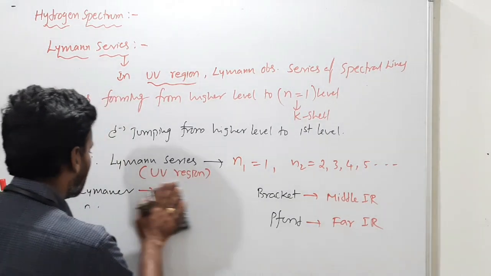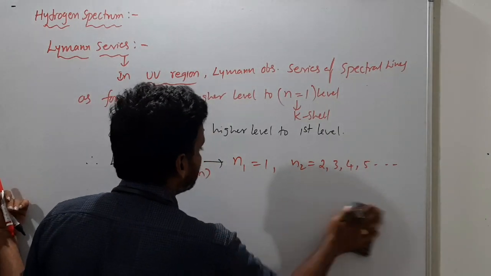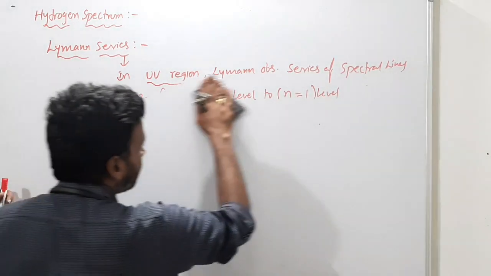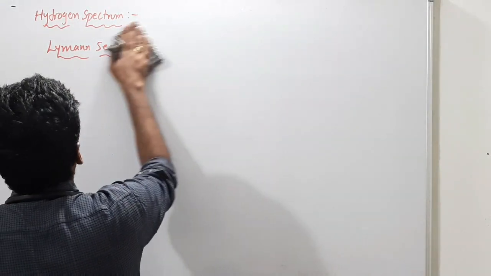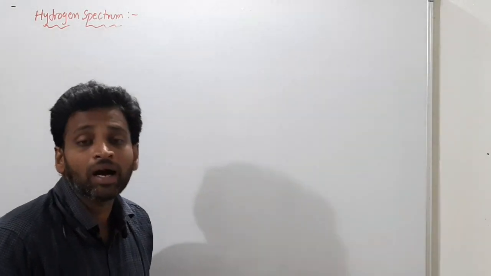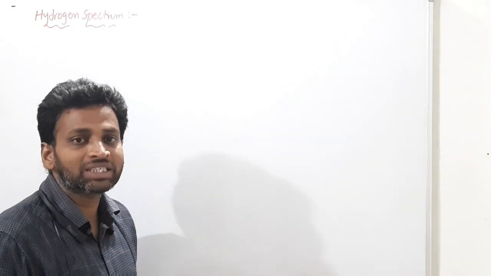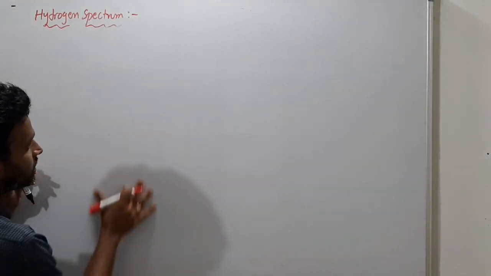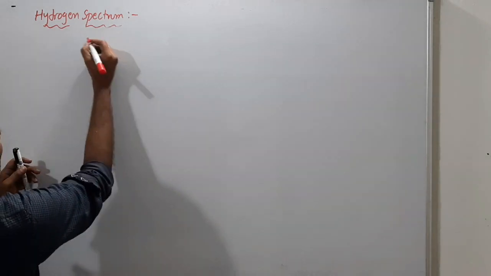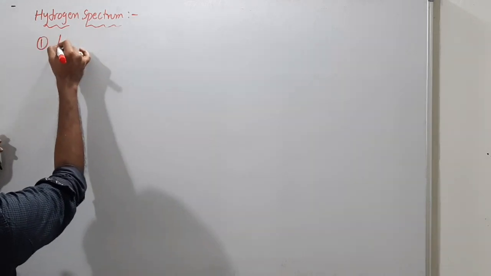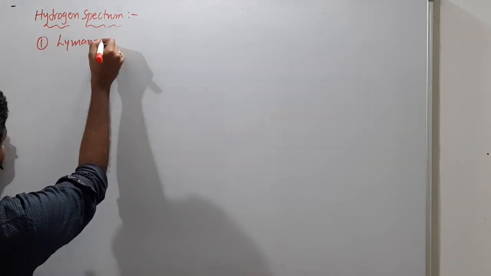So what is the Lyman series? The Lyman series means the electron jumps from a higher level to the first level. Electron jumping from a higher level to the second level is Balmer, and from a higher level to the first level is Lyman. Now I will write all the series of spectral lines one by one here. First, the Lyman series.